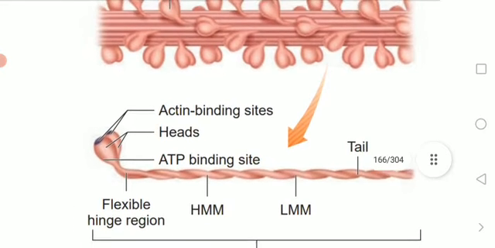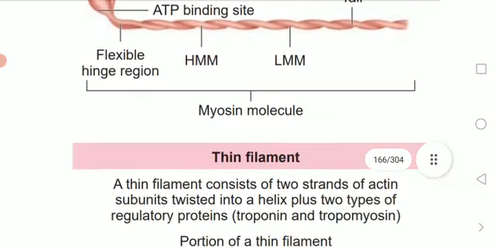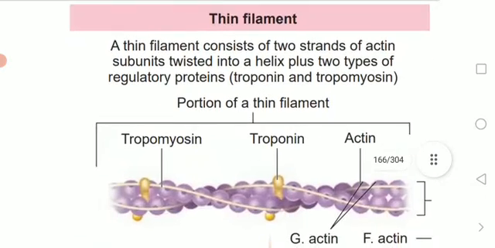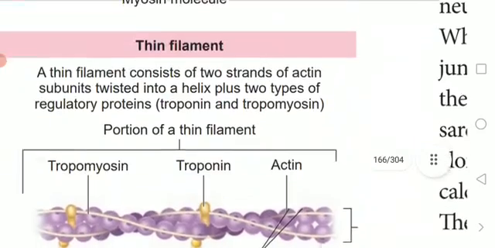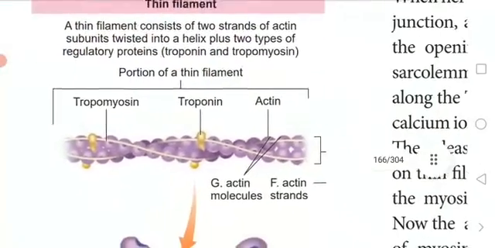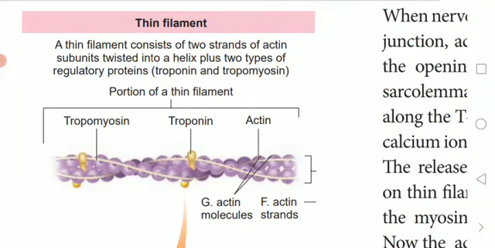The thin filaments are composed of two intertwined actin molecules. Actin has a polypeptide subunit called globular actin, or G-actin.